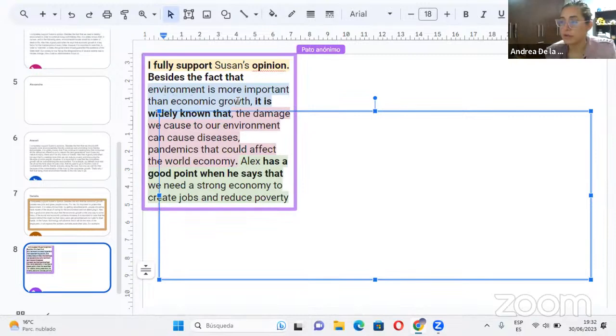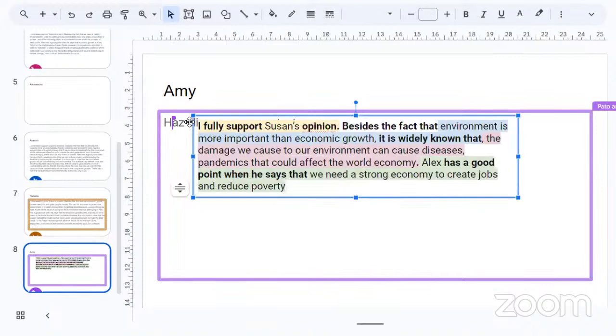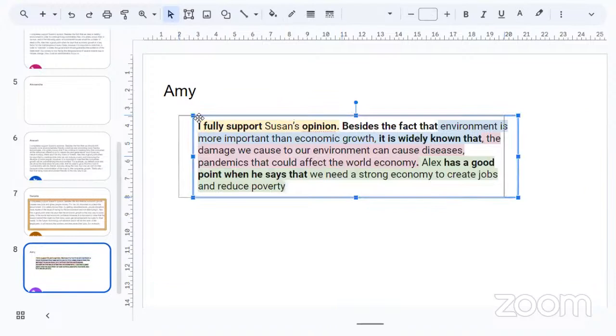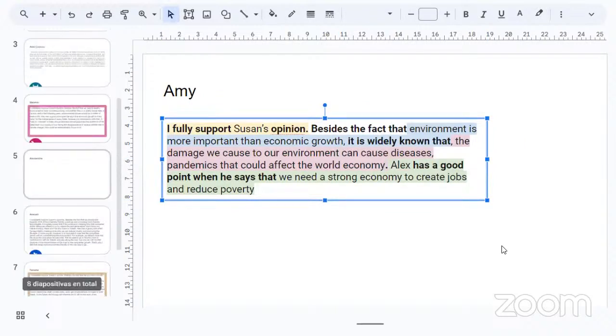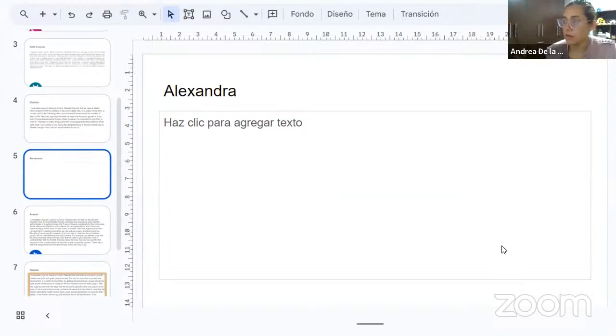Oh, okay, this is it. Yeah, it's really short actually. I was having troubles trying to open the thing and looking for my laptop. So I was trying to say that economy can be affected if we're not dealing with the troubles that contamination, pollution can give to the worldwide economy, like pandemic and that kind of stuff. Okay, all right, good, Amy.